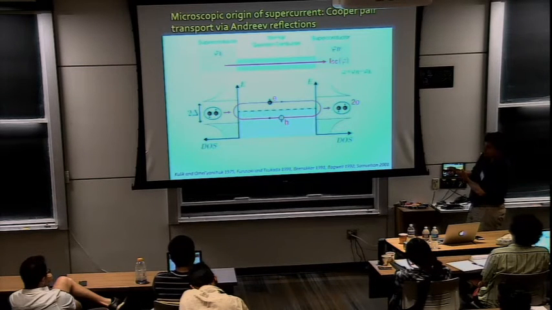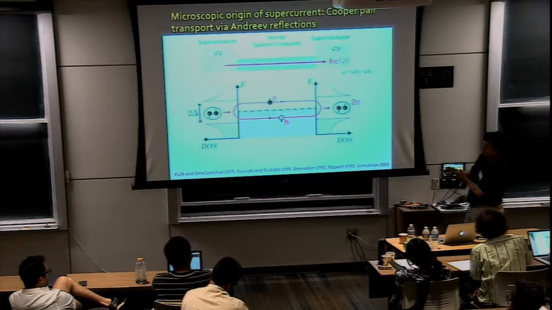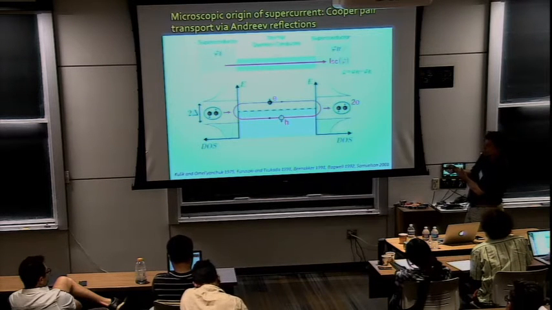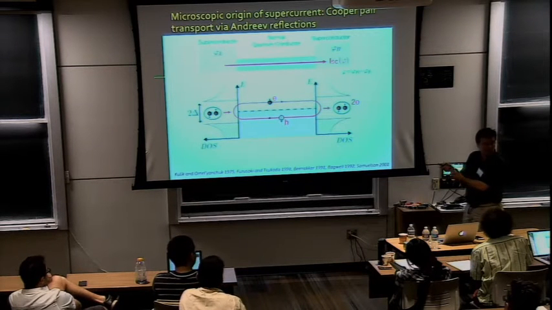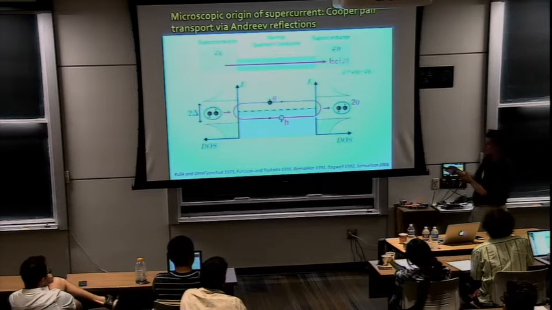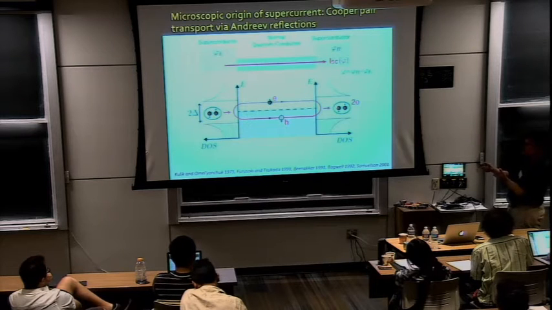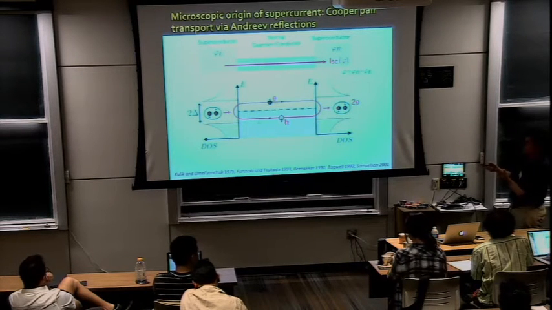When this hole reaches this normal metal superconductor interface, it grabs one electron from the Cooper pair, fills that hole state, and the other electron goes up here and repeats the cycle. And this is a way of transporting Cooper pairs from one side of the superconductor to the other side of the superconductor.